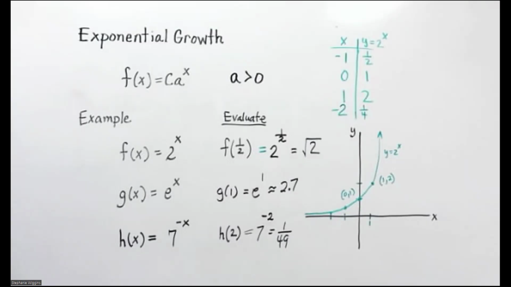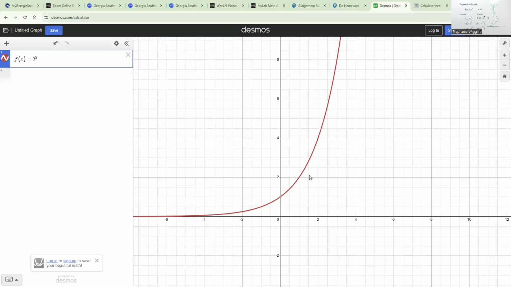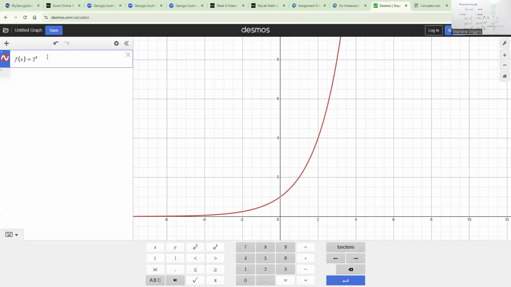Let me share my screen. Here you can see the graph of f of x equals 2 to the x.